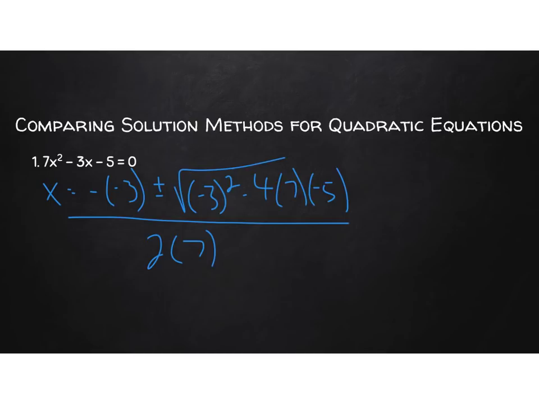Two negatives here make a positive 3. Plus or minus 3 squared is 9. Minus 4 times 7 is 28, and then 28 times 5 is 140.